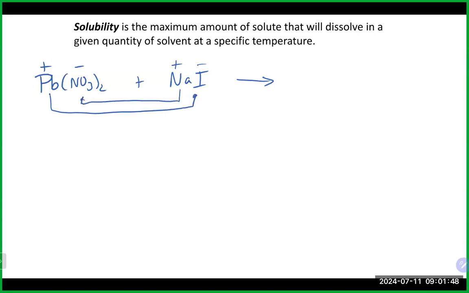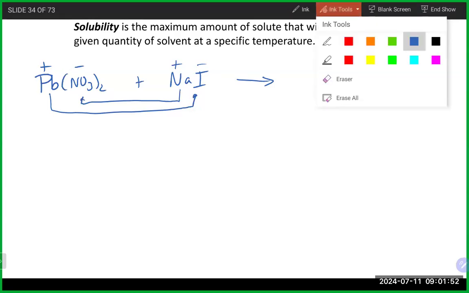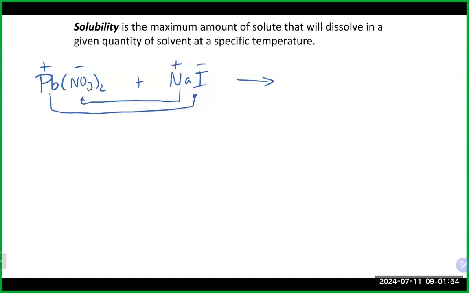And when you do this, it's really important to just think about the basic ions that make up both of these things. So the basic ion for this guy is lead with a +2 charge, even though there are two nitrates here. The formula for nitrate is just this. And those are the basic two ions that make that guy up. Same thing here. That is sodium, which is group 1, is +1. And that is iodide, which is group 7, which is -1.